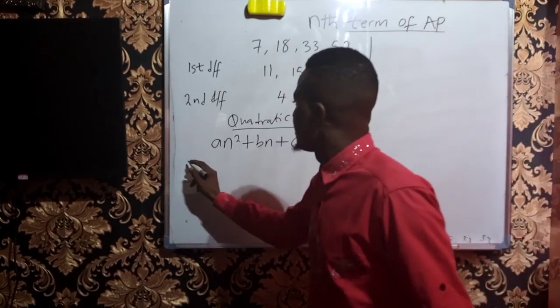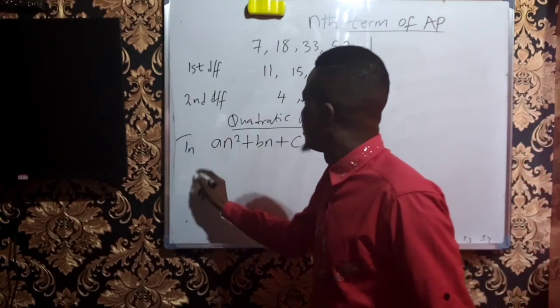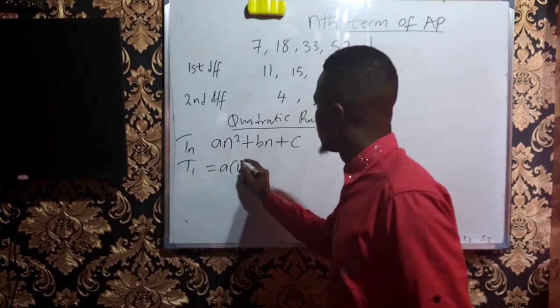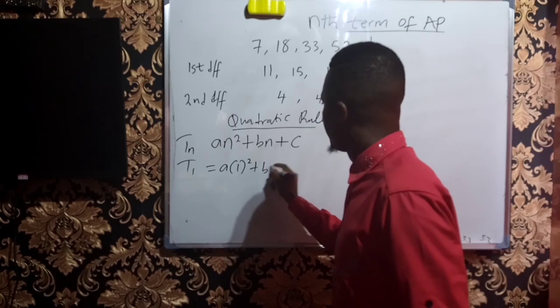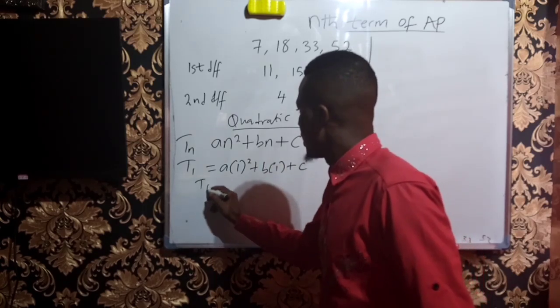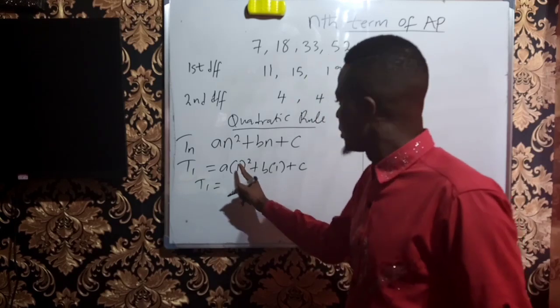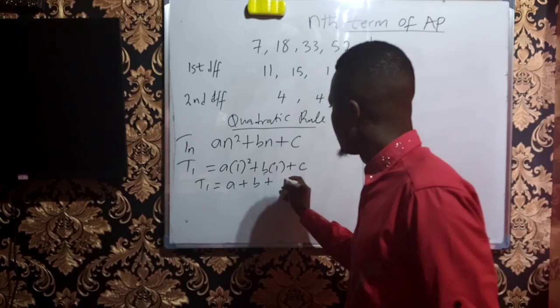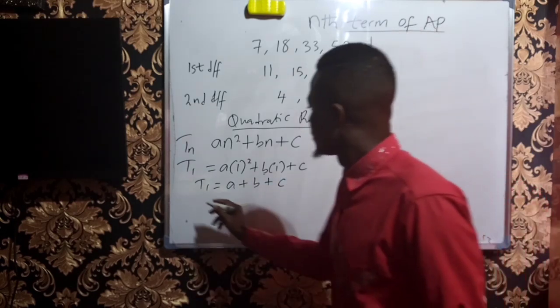So, for the first term, my t1 from this formula will be a bracket 1 squared plus b bracket 1 plus c. So t1 will give me 1 squared is 1, 1 times a is a, b times 1 is b, plus c. This is my t1.